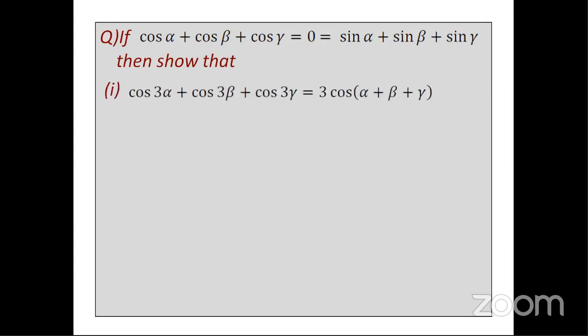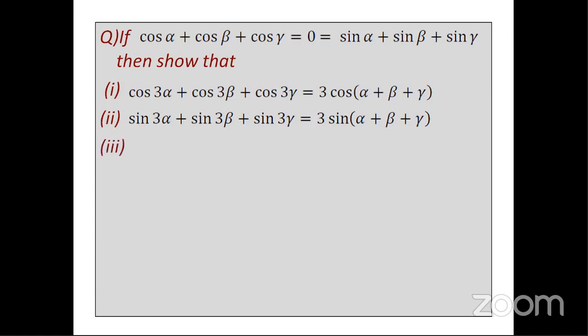The next question: if cos alpha plus cos beta plus cos gamma is equal to 0 and it is also equal to sin alpha plus sin beta plus sin gamma, then show that cos 3 alpha plus cos 3 beta plus cos 3 gamma is equal to 3 cos of alpha plus beta plus gamma, and sin 3 alpha plus sin 3 beta plus sin 3 gamma is equal to 3 sin of alpha plus beta plus gamma.